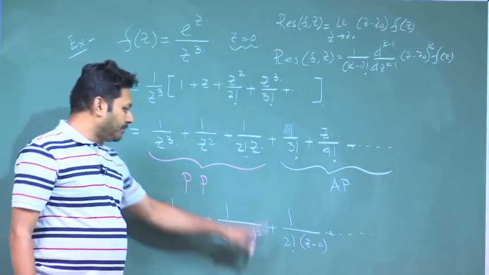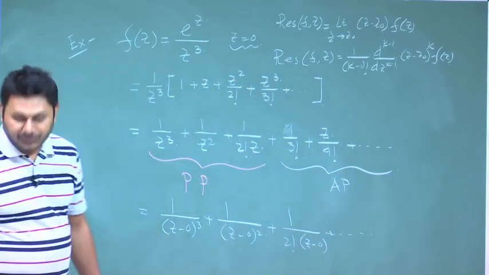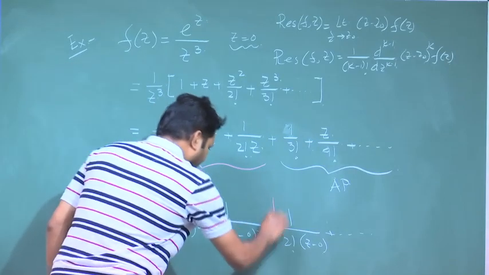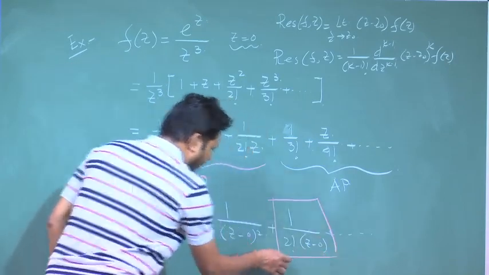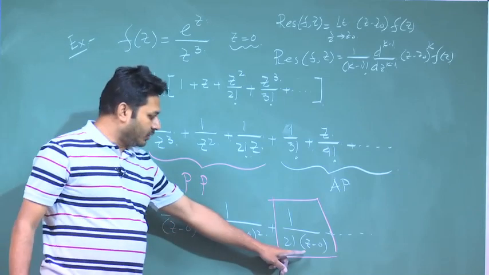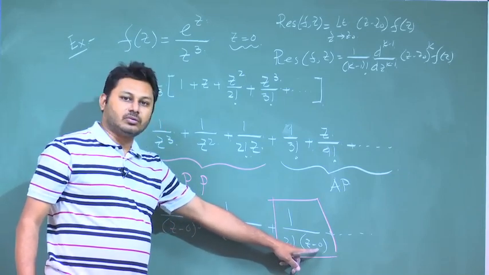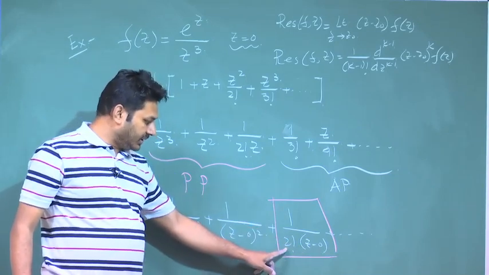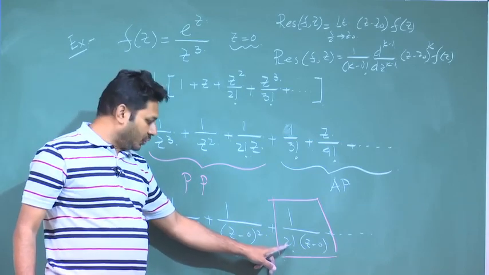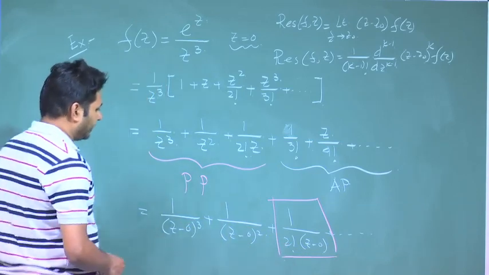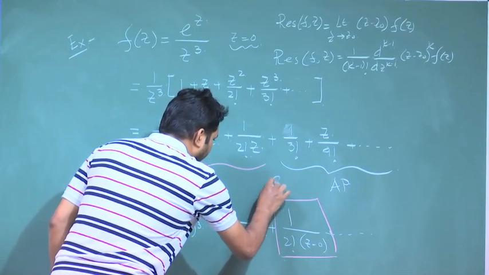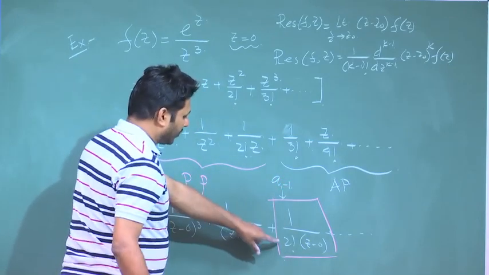So in the principal part, this is the term which is interesting for us, because this is the term where we have a coefficient of z minus z0. That means the coefficient is 1 by 2. So 1 by 2 should be my residue. This is the coefficient of (z minus z0) to the power minus 1, which is 1 by 2.